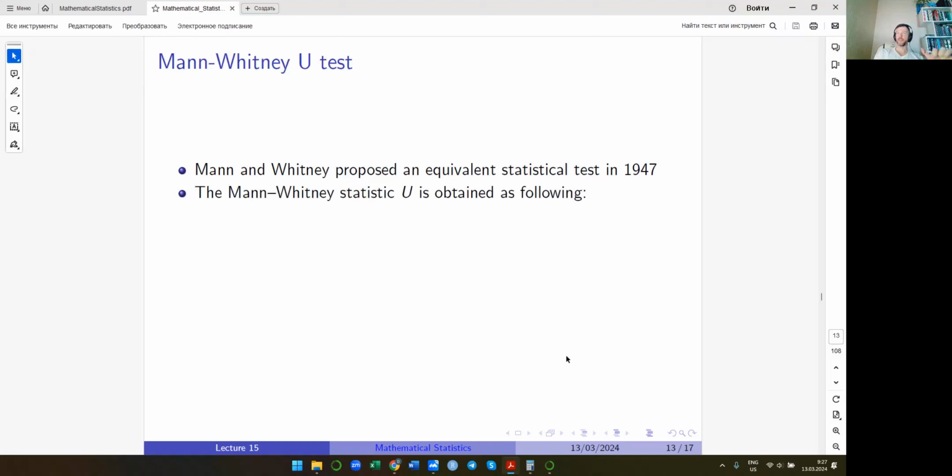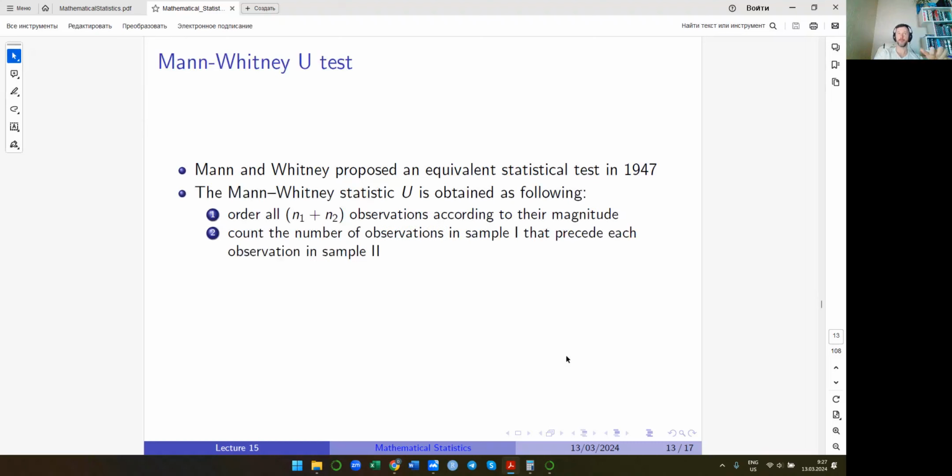So we obtain this U statistic as follows. Again, the first step is the same. We order all observations according to their magnitude from smallest to largest. Then we count the number of observations in sample 1 that precede each observation in sample 2. You will see an example. What does it mean?